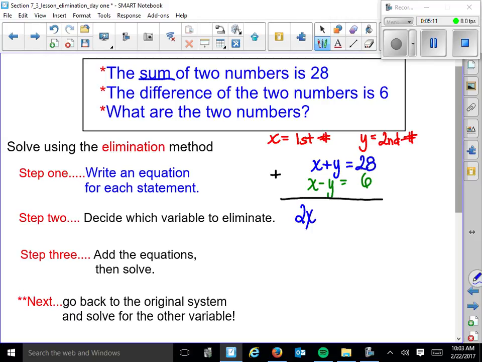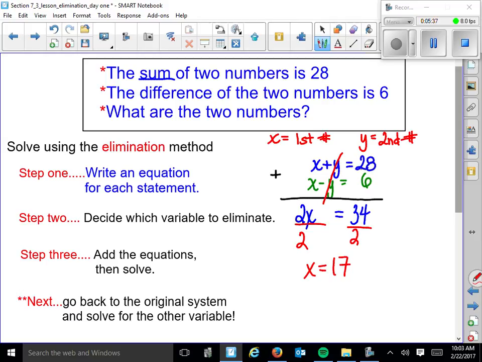Y plus negative y is 0. The y values are eliminated because their coefficients are opposites, positive 1 and negative 1. 28 plus 6 is 34. So when I solve this equation, I know that x is equal to 17.